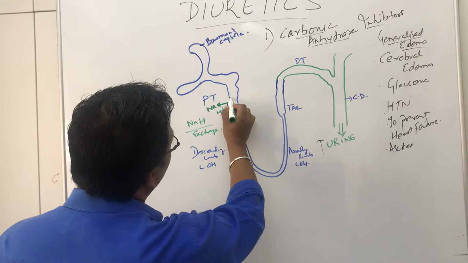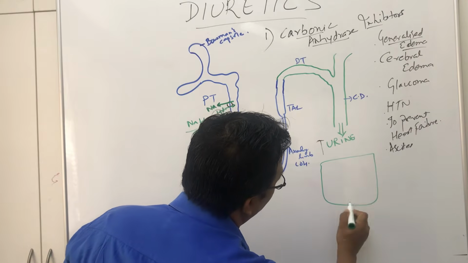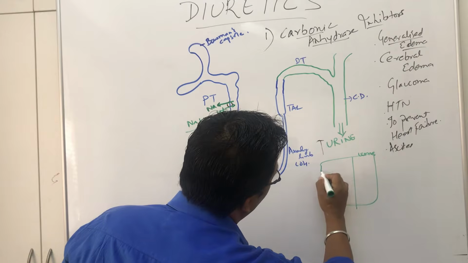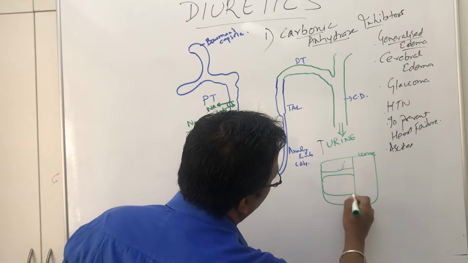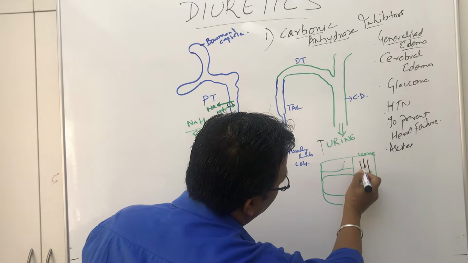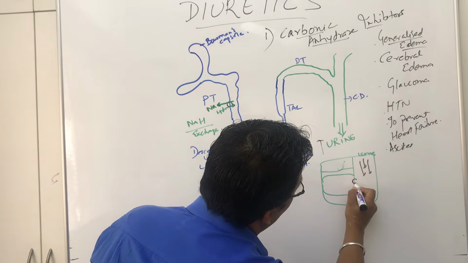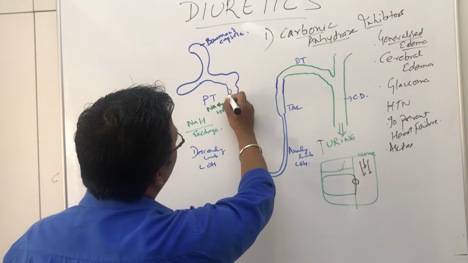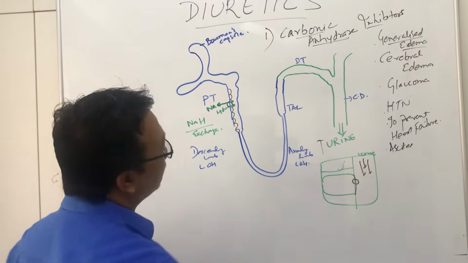Okay, so let's see what happens here. So let's say this is the lumen, and fluid is moving from here, right? This is the apical border. If you see the cells here, this is the transitional epithelium lying in the tubes.